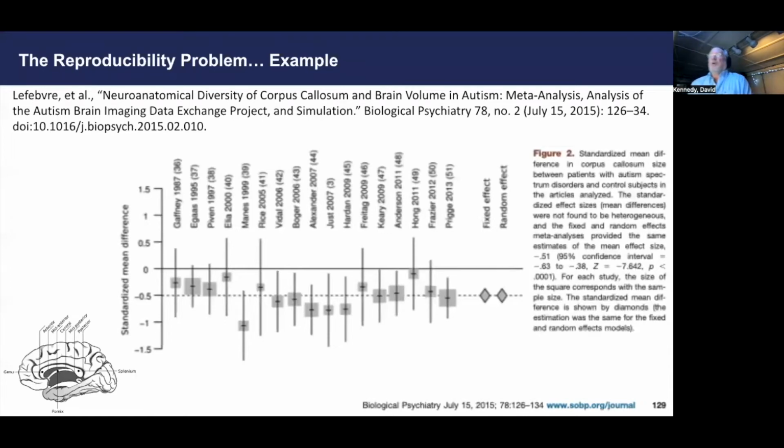In this case, a paper by Anne Lefebvre and Roberto Toro took this observation through many publications that the volume of the corpus callosum is reduced in autism. A meta-analysis shows a pretty clear effect: of the reported publications, there is about a 0.5 standardized effect size in the reduction in the corpus callosum in autism.